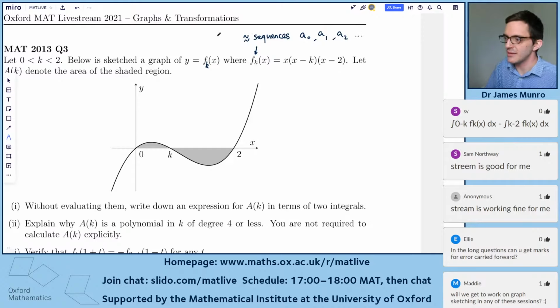This is a bit like that. It's not really like that, but the subscript down here is labeling different things. Here, slightly awkwardly, k isn't a whole number, k is a real number. So there's a function f subscript 0.1 of x. It's just a nice normal sort of function of x.